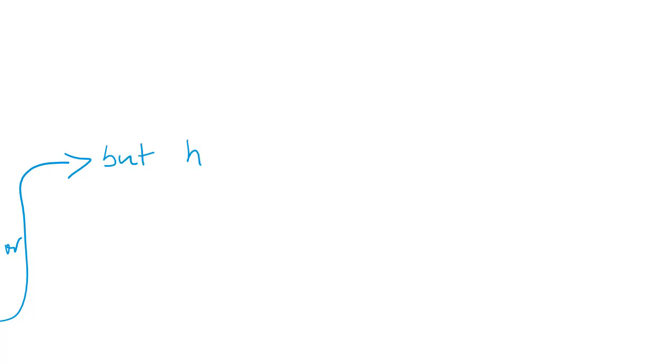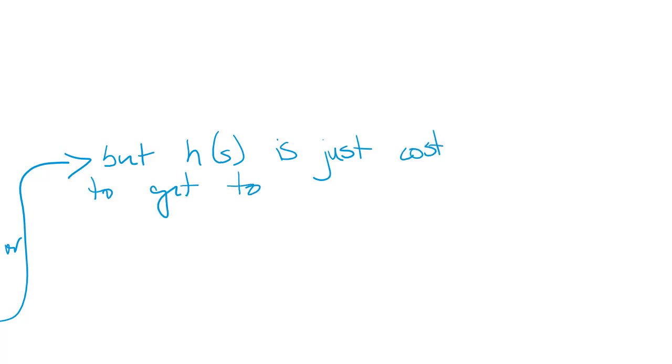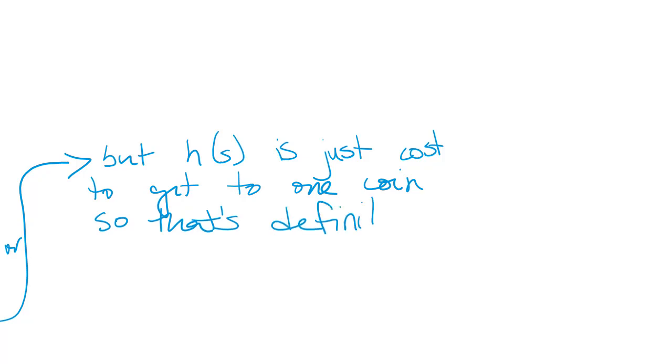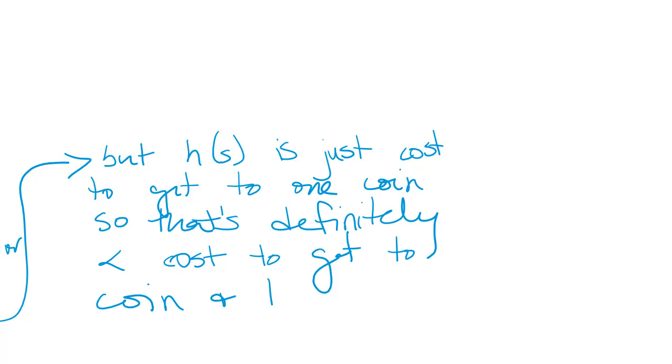But the heuristic of that state is just the cost to get to one coin. So that's definitely less than the cost to get to a coin and then to the goal.